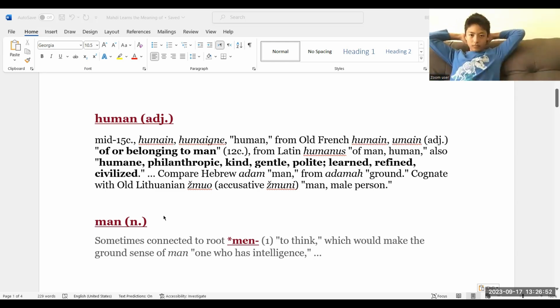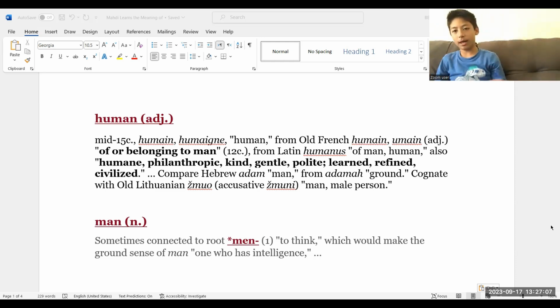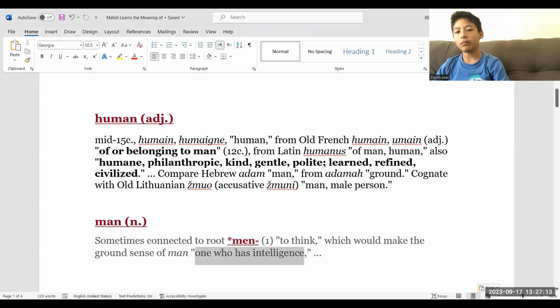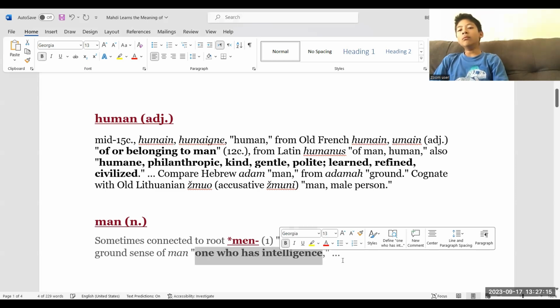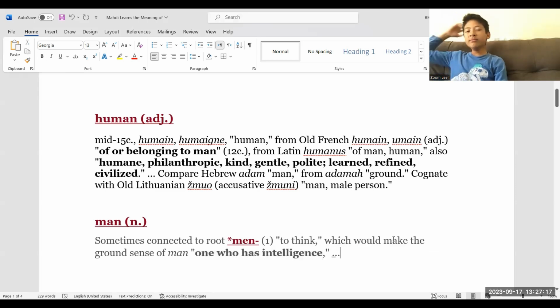So let's look at what it says about the word man. Continue to read. Sometimes connected with the root men, to think, which could make the ground sense man, who has intelligence. Excellent. Now, most people won't pay attention to what this is actually saying.